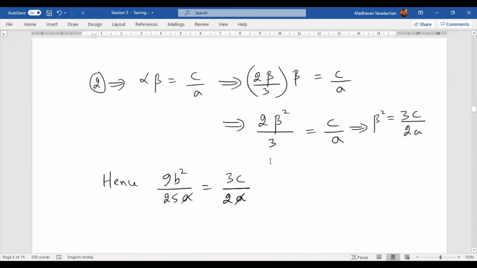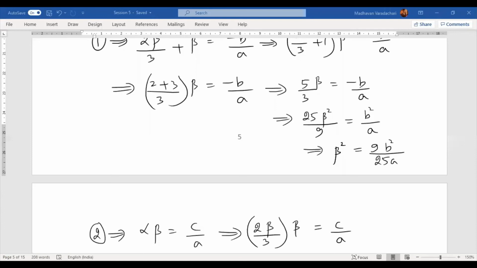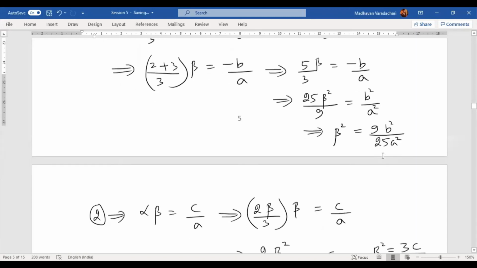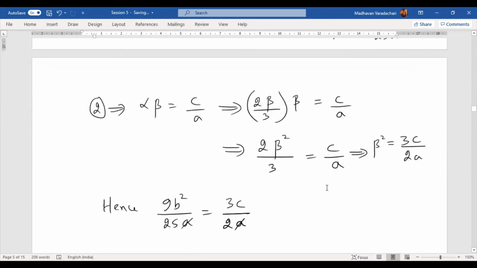Is it possible to bring 6b square? Here we are getting 9b square. Just a minute. Yeah, here it should be a square. Here also it should be a square. So I can rewrite this as 9b square by 25a square. If I cut it, I will still have a.